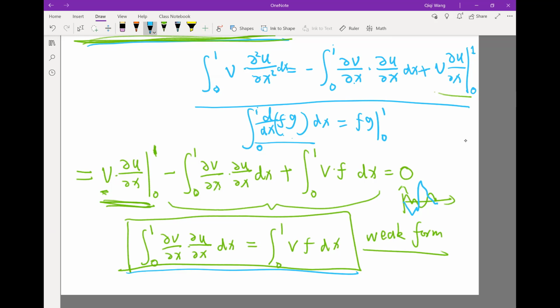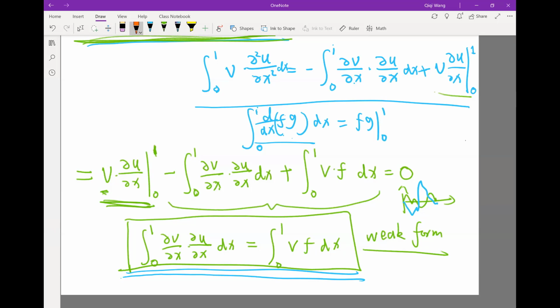So that's how we are going to derive the finite elements next. All right, does that help? Any other questions? Okay, so I assume we are okay with this weak form, and then we're going to describe how we are actually going to discretize the weak form.